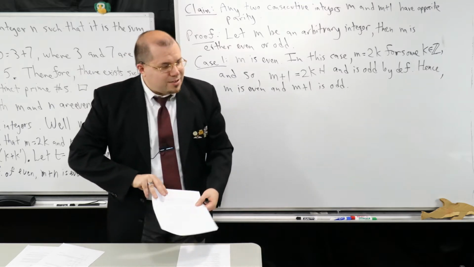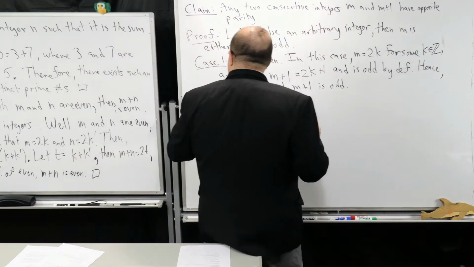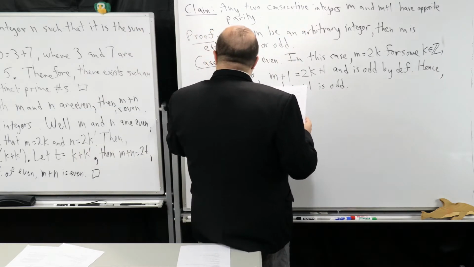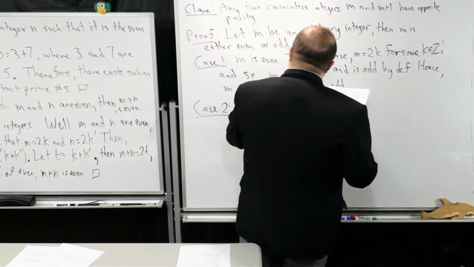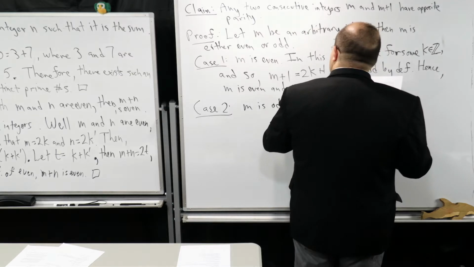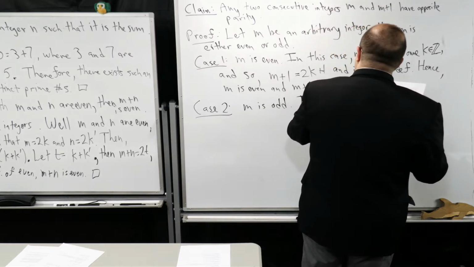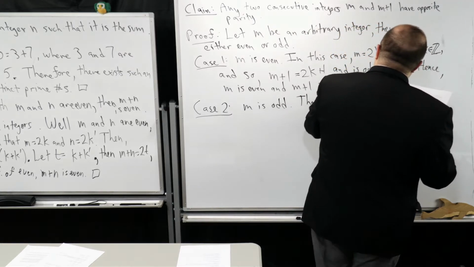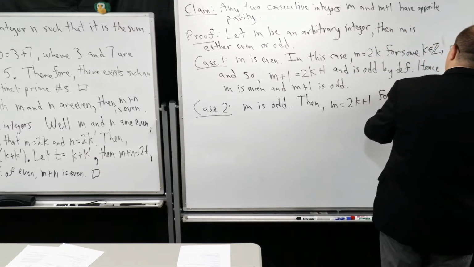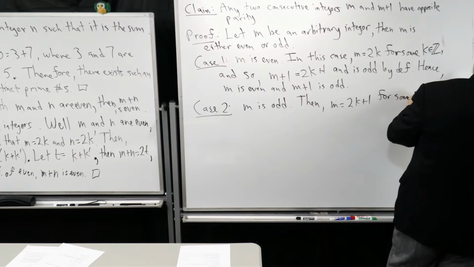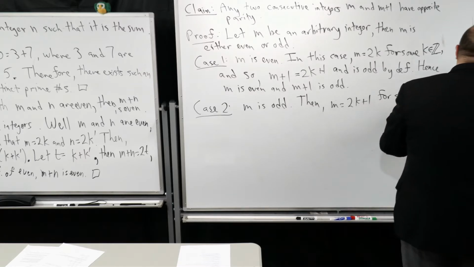Okay, so case 2. What's case 2? Now you're going to see this is nice and simple. I'm just going to assume m is odd now. Then m is going to be equal to 2 times k plus 1 for some k that's going to be an integer.